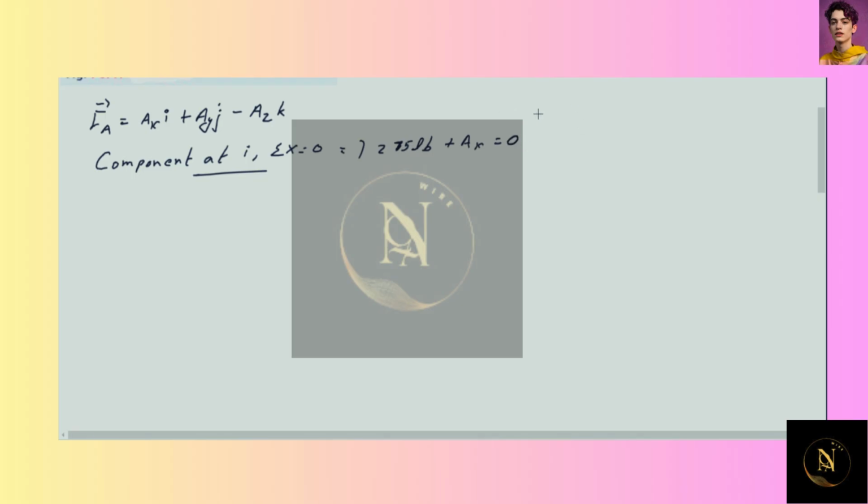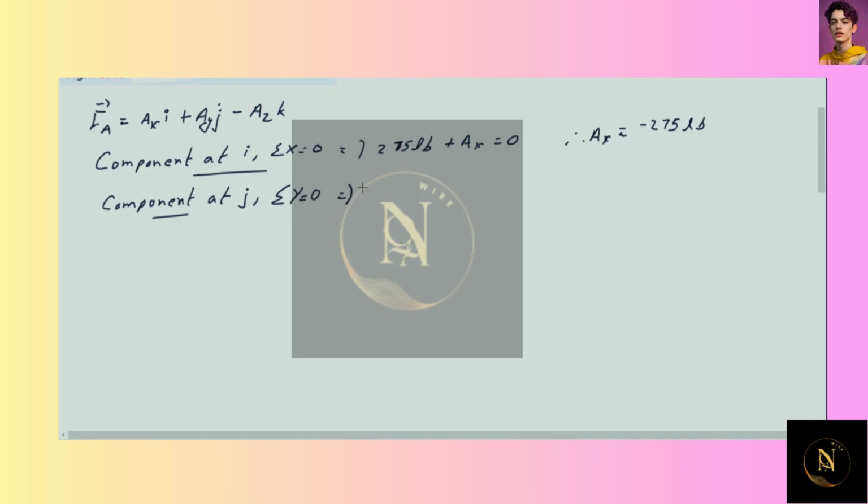Therefore AX will be equal to minus 275 lb. To find the component in the J direction, we take the summation along y equal to 0.